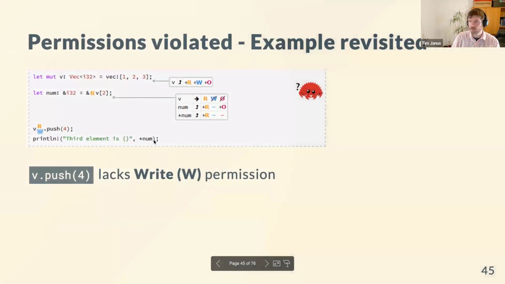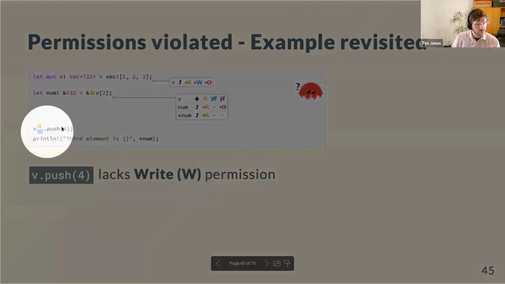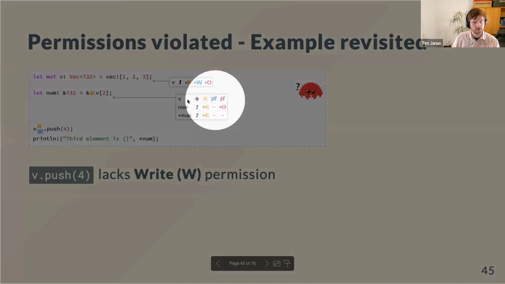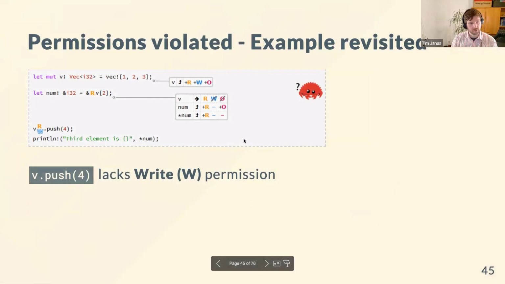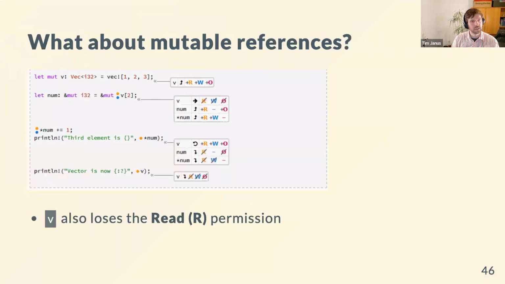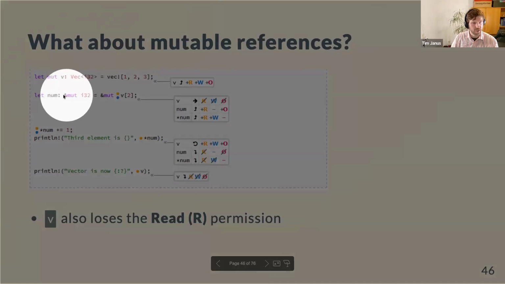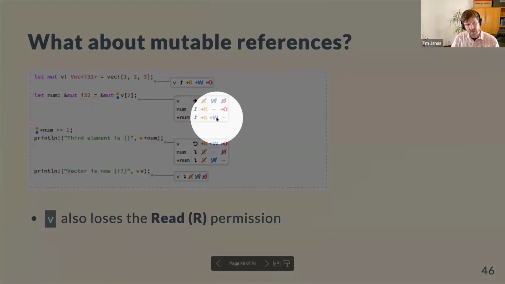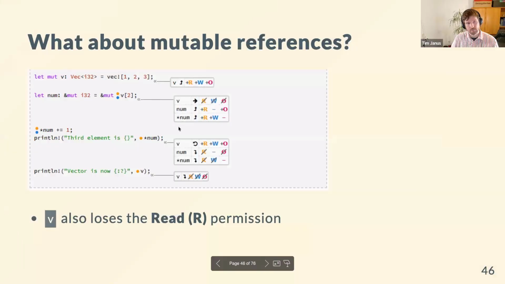We had the push before we printed out the value, and at that point for push we need the read and the write permission, and at that place we don't have write permission for v. And for mutable references, if you use a mutable reference as here, you also get the write permission on the dereferenced data.